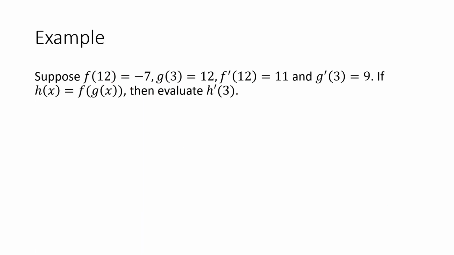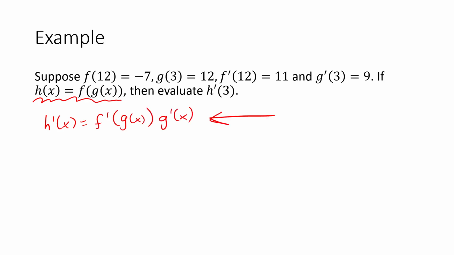Now for this question, we're going to need to think in terms of inner and outer functions. We're told that h of x is equal to f of g of x. That means that h prime of x will be f prime of g of x times g prime of x. So we have right there the formula which we know to be true.